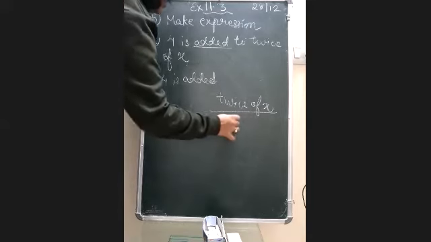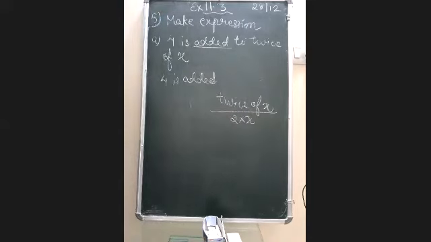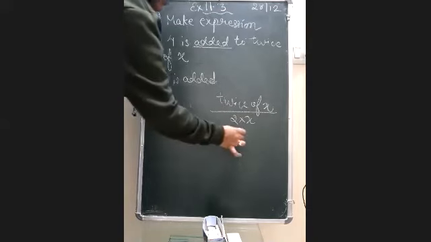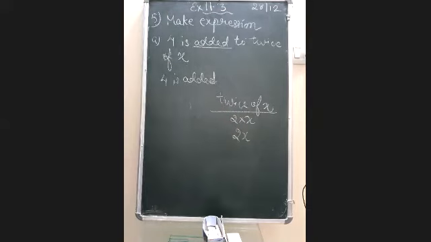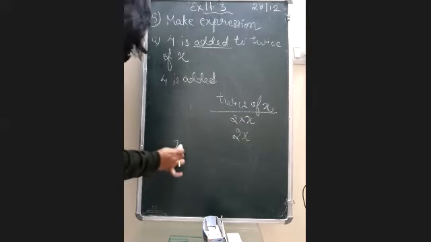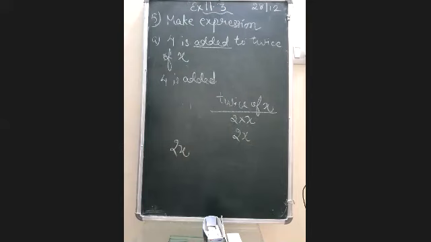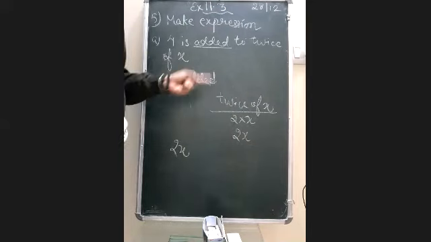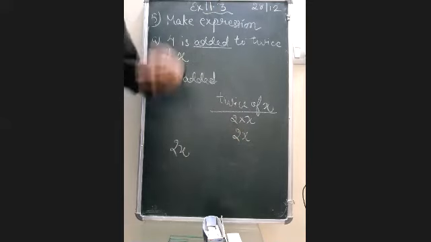ट्वाइस ऑफ एक्स का मतलब क्या होता है, 2 into x, एंड 2 into x का मतलब क्या होता है, 2x, which I have already discussed with you. So 2x आ गया हमारे पास. Now I have written 2x separately. ठीक है. Now question is telling that 4 is added, मतलब इसी twice of x में 4 is added now.